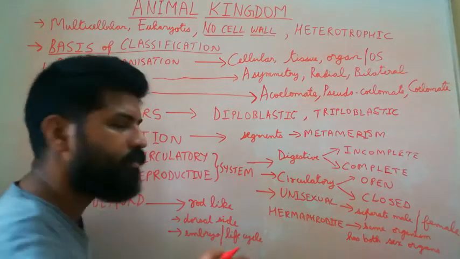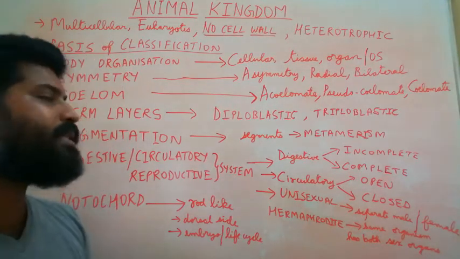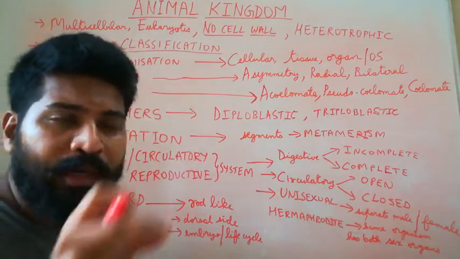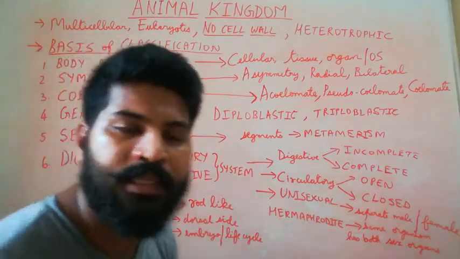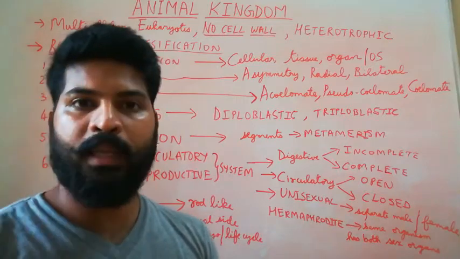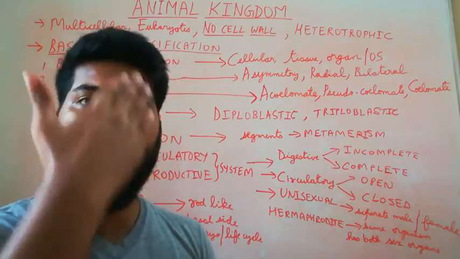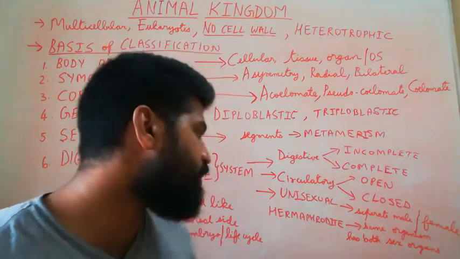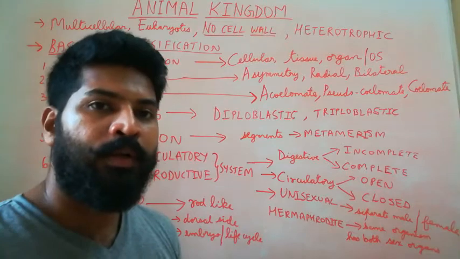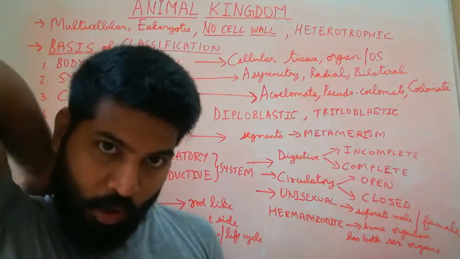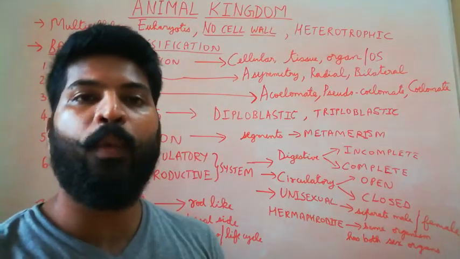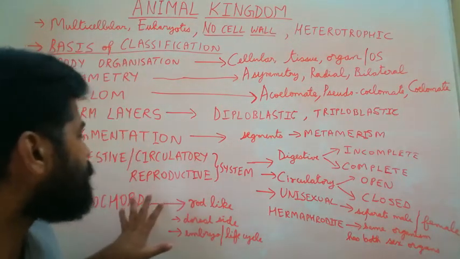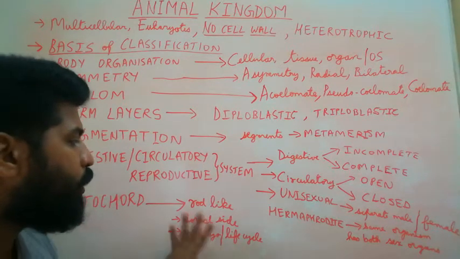So the stomach side or the face side is the ventral side, whereas the back side is what is called as the dorsal. So organisms have a rod-like structure called notochord on the dorsal side.